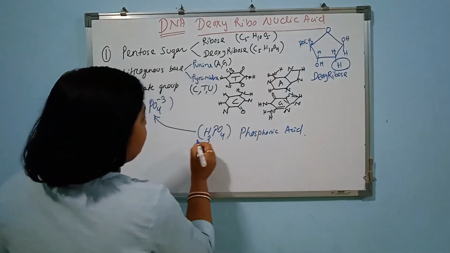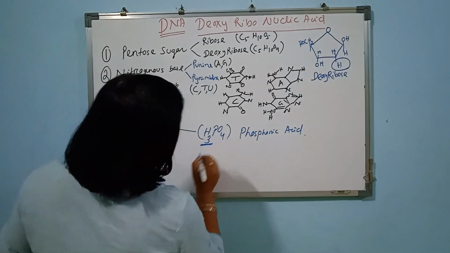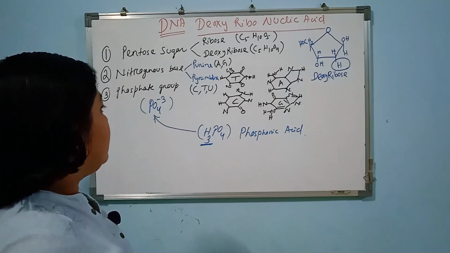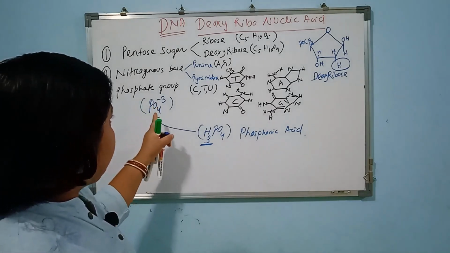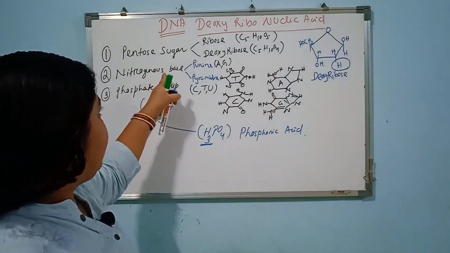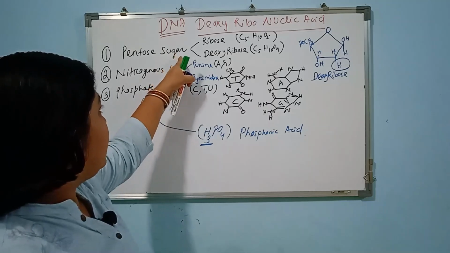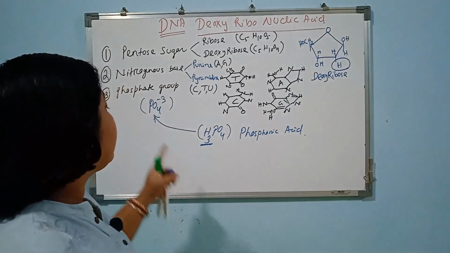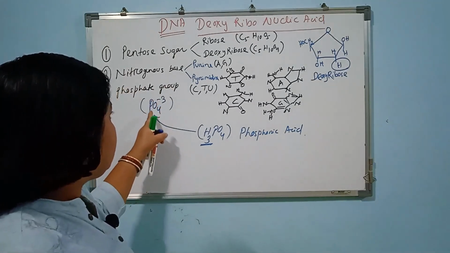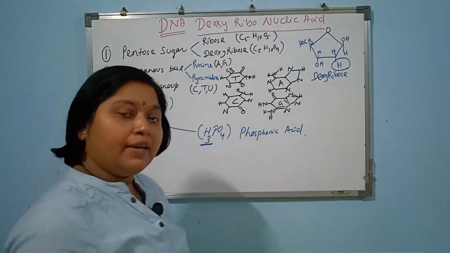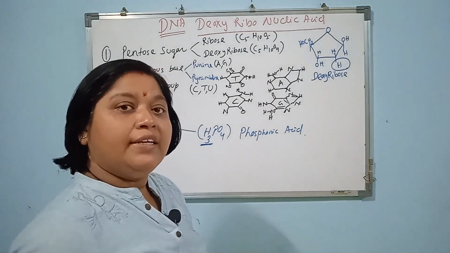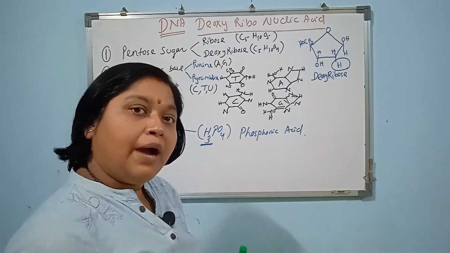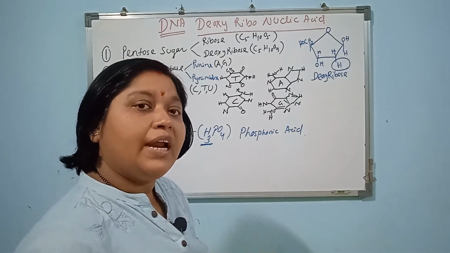By dissociation of this triple hydrogen, it will form this phosphate group. This phosphate group will bind with this nitrogenous base and pentose sugar, and it forms the nucleotide. Due to the presence of this phosphate group, this nucleotide is acidic in nature, which will bind with other basic proteins and cations.